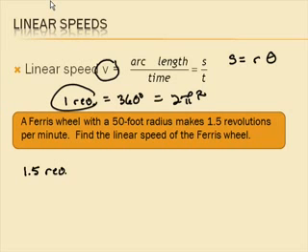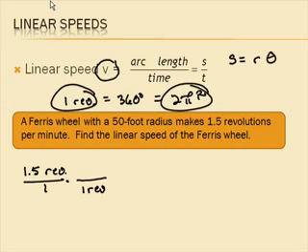So we want to get rid of the revolution. So we put 2 pi radians over 1 revolution. Those cancel out. And we get 3 pi radians. That's our angle measure in radians.